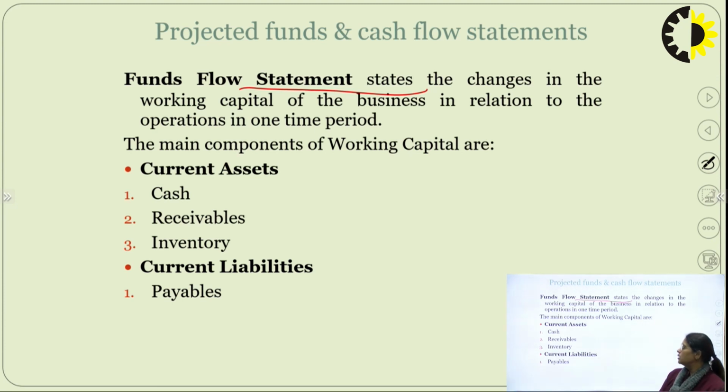For example, cash in hand is a current asset. The amount which we have to receive in our account comes into the current asset category. The inventory also comes into current assets. Similarly, if we have to pay some amount, this comes into current liabilities.